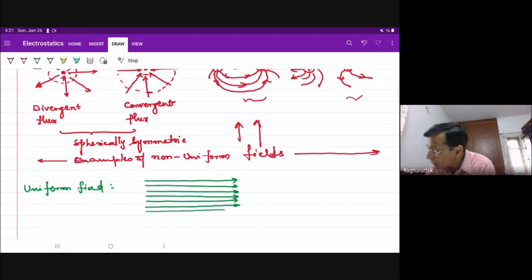If the flux lines in a particular field are a set of parallel lines, the flux density at each and every point in that region is same. If the flux density of the field or the field intensity of the field is same everywhere in magnitude and direction, we say such field as uniform field.